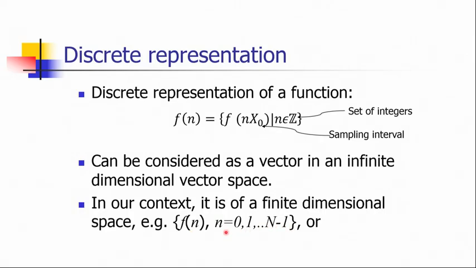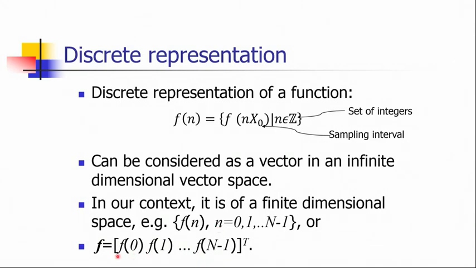You should note here the sampling interval is implicitly represented in this form. So, even without the sampling interval, we have a representation of the function, and only when we try to interpret the function with physical quantities in the functional space does the sampling interval have to be used.